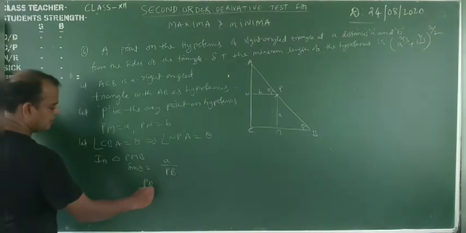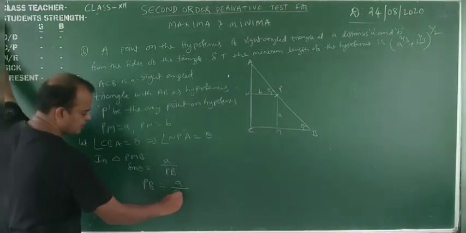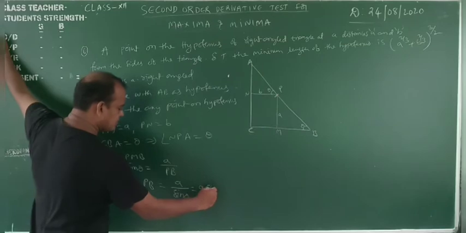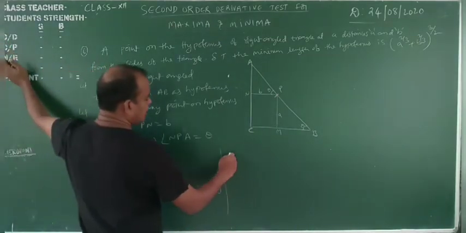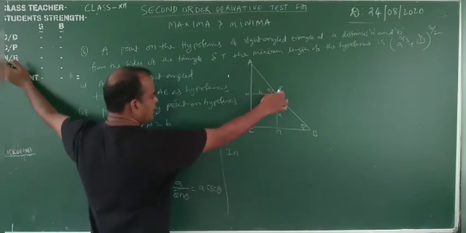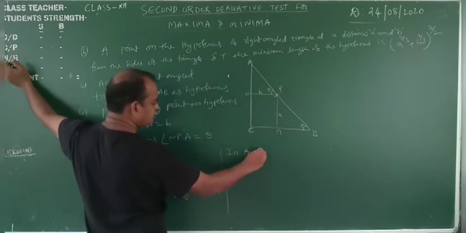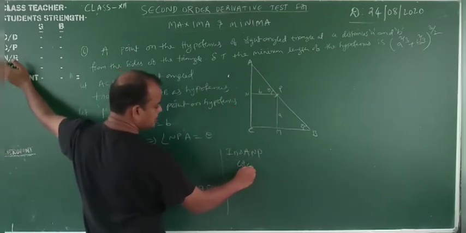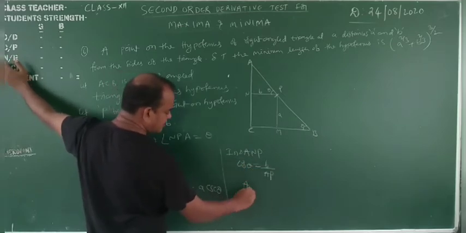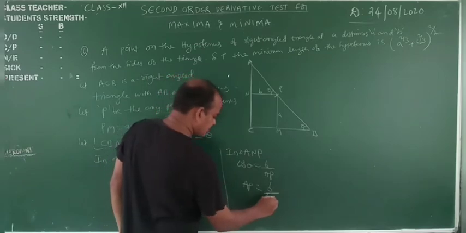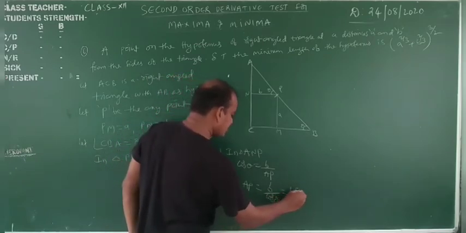So PB is equal to a by sin theta, that is a cosecant theta. Okay, my dear students. Now in triangle ANP, cos theta is the adjacent side b by AP. So AP is equal to b by cos theta, that is b secant theta.